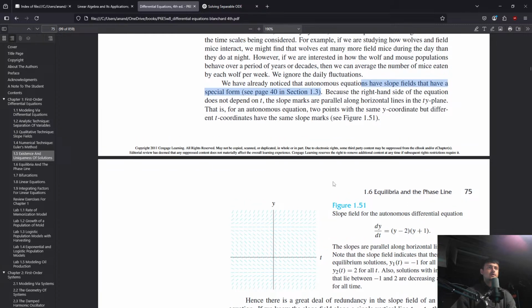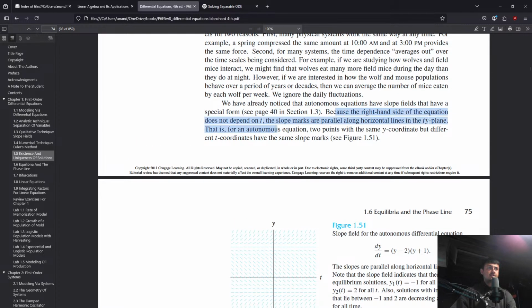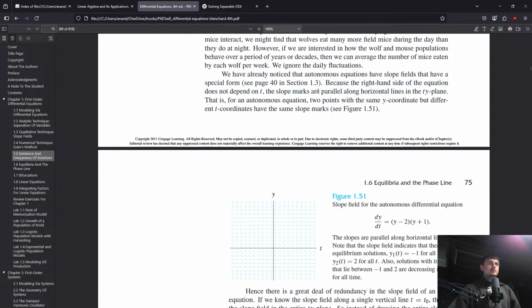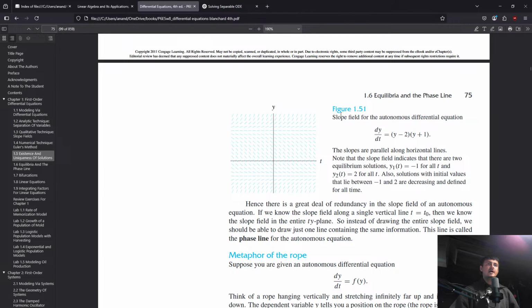Because the right-hand side of the equation does not depend on t, the slope marks are parallel along horizontal lines in the ty plane. That is, for an autonomous equation, two points with the same y-coordinate but different t-coordinates have the same slope lines.